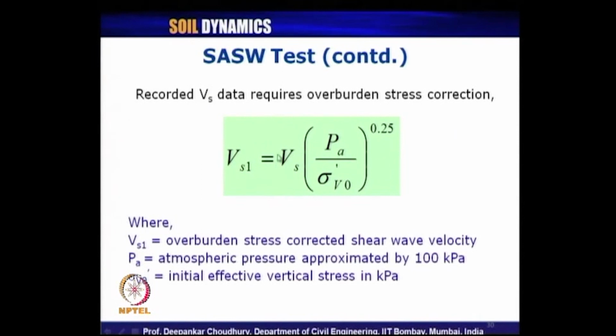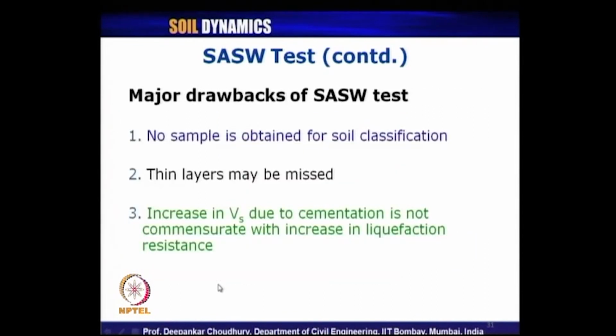Whatever the unit of this raw Vs in meter per second you have recorded, the same unit will carry forward to your corrected value of shear wave velocity. To the power 0.25, this coefficient is used to apply the correction or the reference standardization, and that is how the correct value of Vs is calculated from this test.